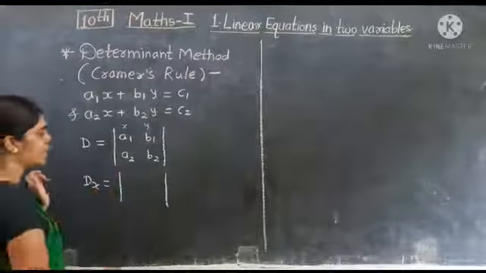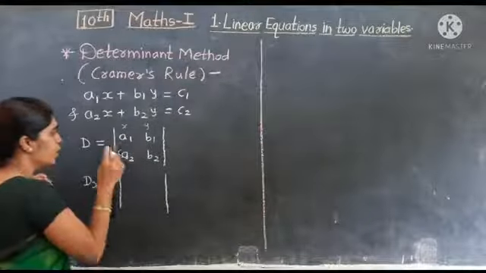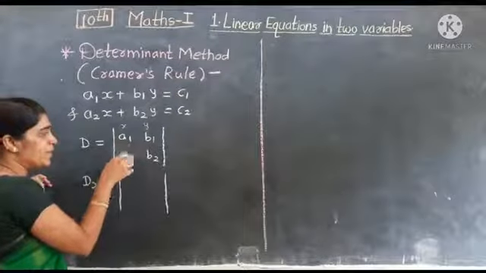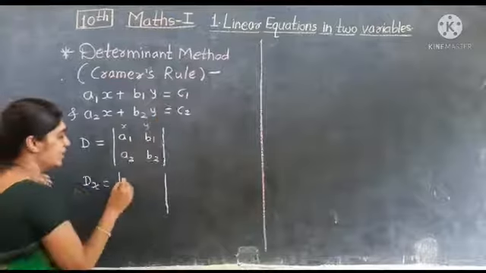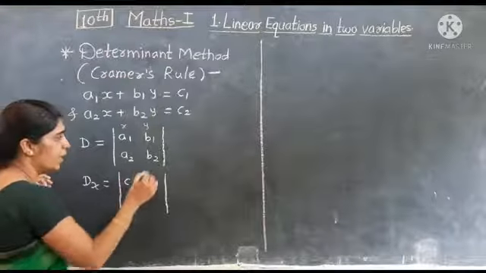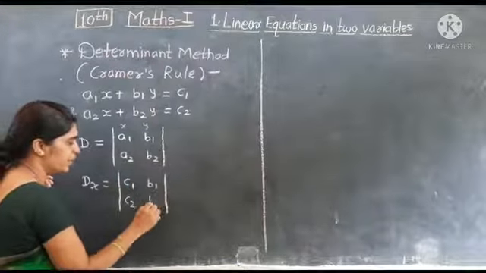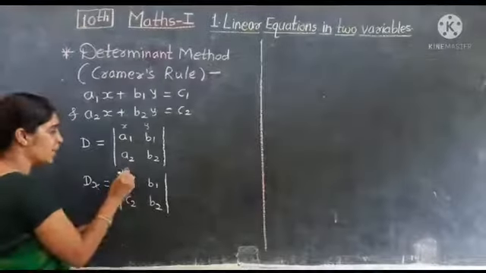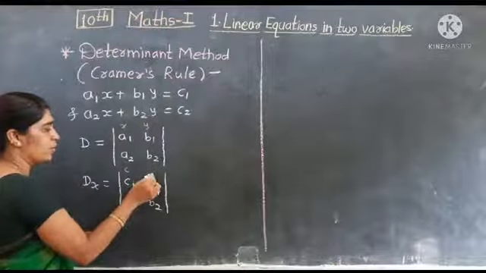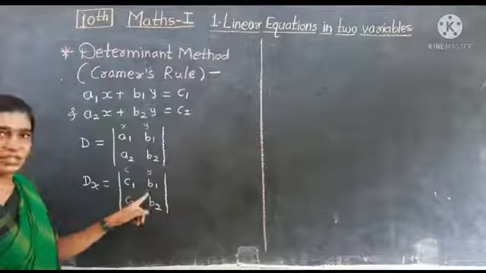He writes Dx by replacing the coefficient of x with the constants, here c1, c2, and keeping y as it is, b1, b2. He replaced the coefficient of x by the constants and kept the coefficient of y as it is.